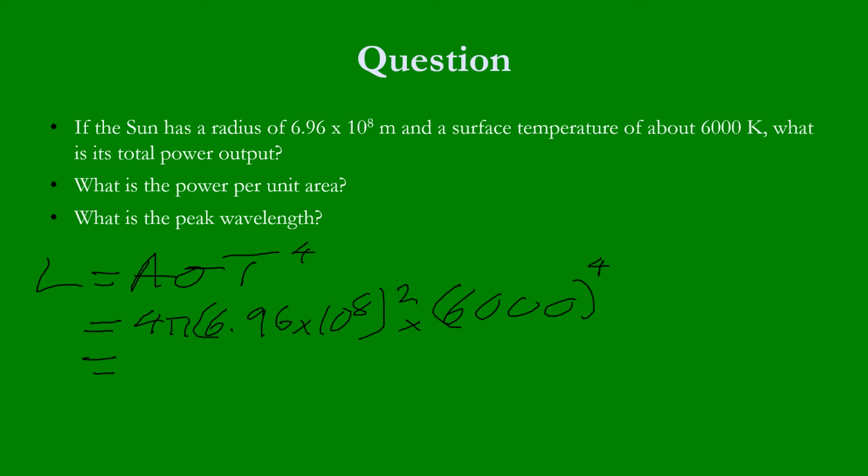So Stefan's constant, which is 5.67 times 10 to the minus 8. Then put that into your calculator. So area, we've got Stefan's constant in there, we've got the temperature to the 4th power. Put that into your calculator, you'll get a value of 4.47 times 10 to the 26 watts. So that's our power output.